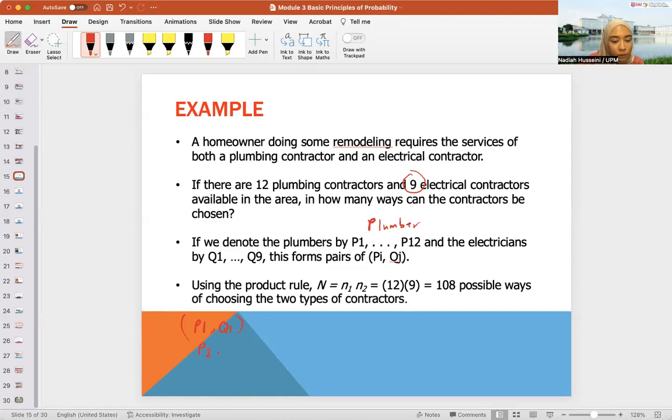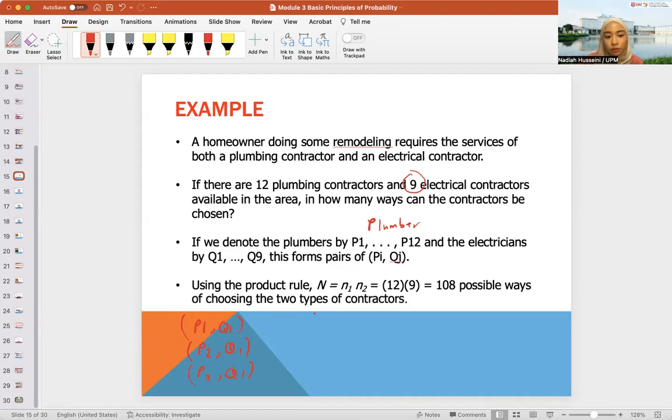The second one, P2, Q1, is your second pair. Then P3, Q1, your third pair. And we haven't even started with Q2, Q3, up to Q9. There are a lot of pairs or events that we need to account for. So how do we do this?